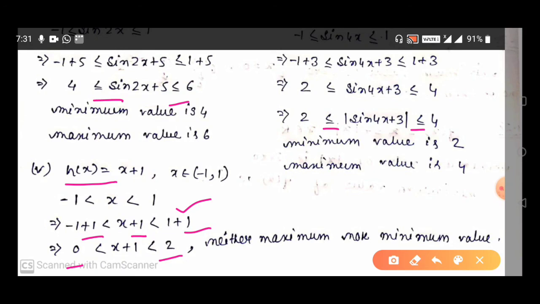The only conclusion we can get is that the given function will take values in between 0 and 2, not the exact value. So, neither maximum nor minimum value because of this domain. Here in our question they have restricted the domain, which is the open interval minus 1 and 1.